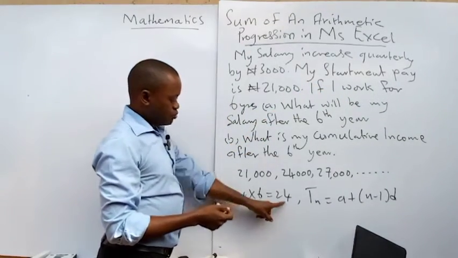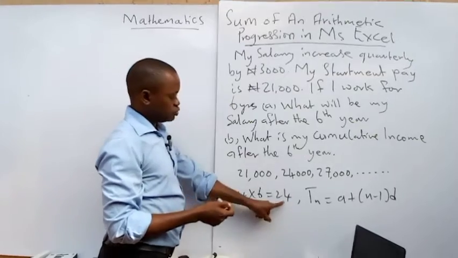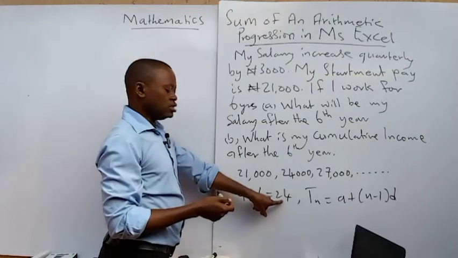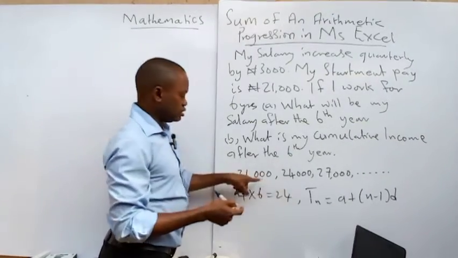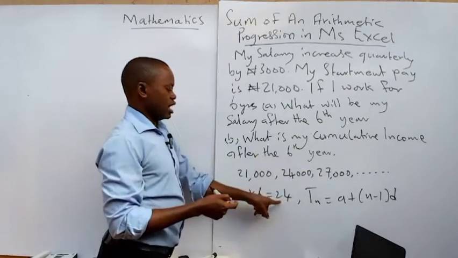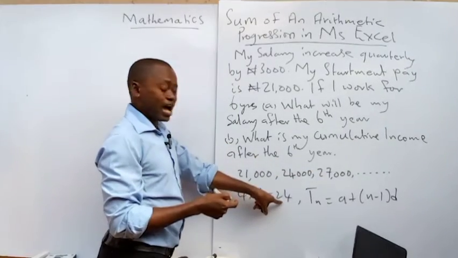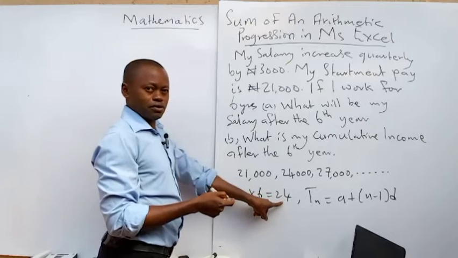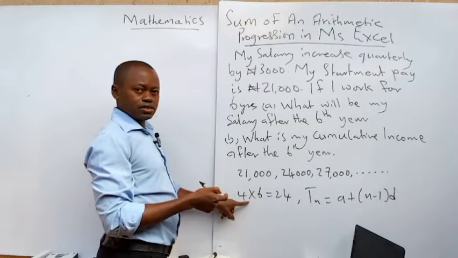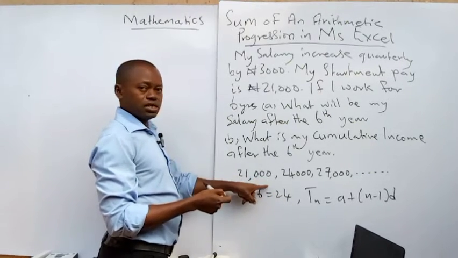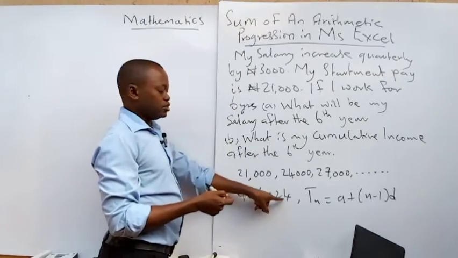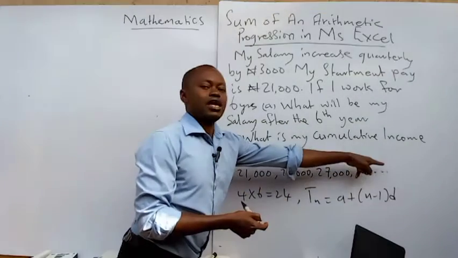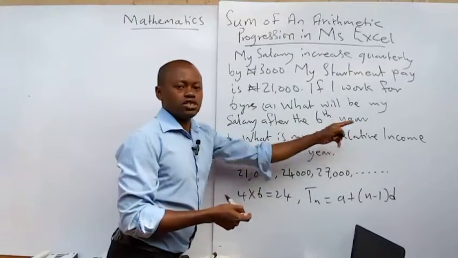So this is how we are able to track the nth term at position 24: 4 times increment in a year times 6 years gives us the nth position being 24.